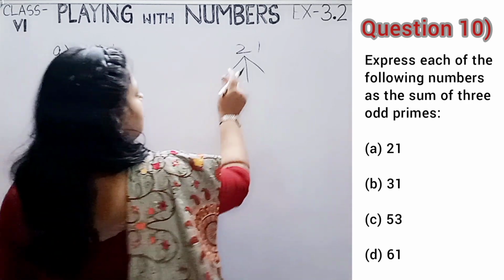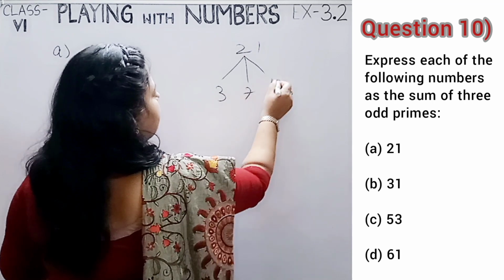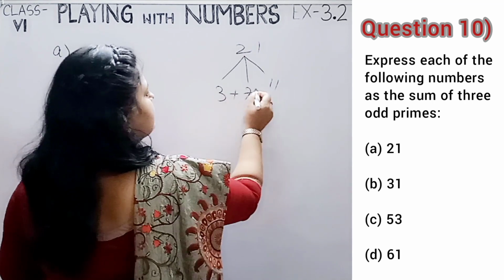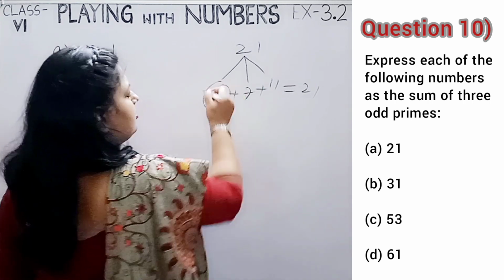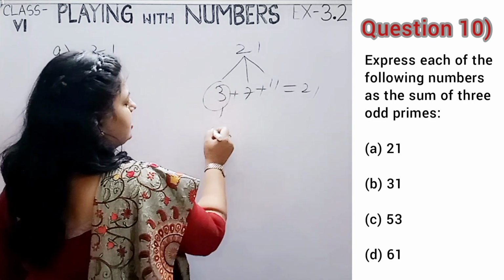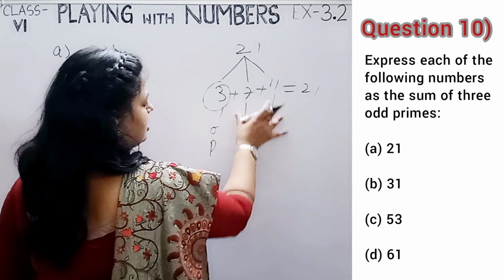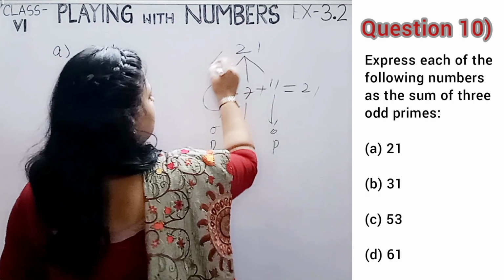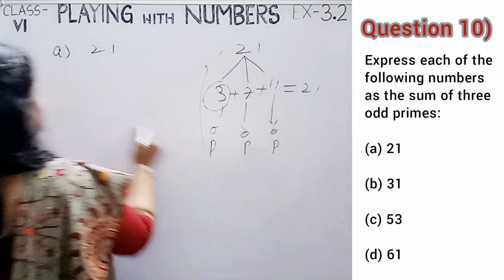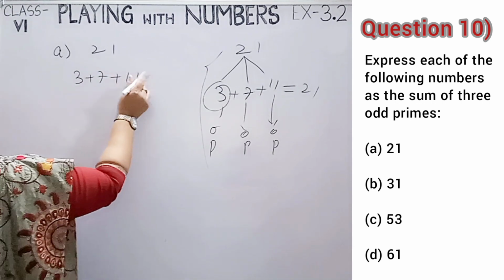So if I am taking 3, 7, 11, and I add 3, 7 and 11, I get 21, and we are fulfilling the condition that these are odd numbers and prime numbers. So we are doing this part in this way. 3, 7, 11. Answer.